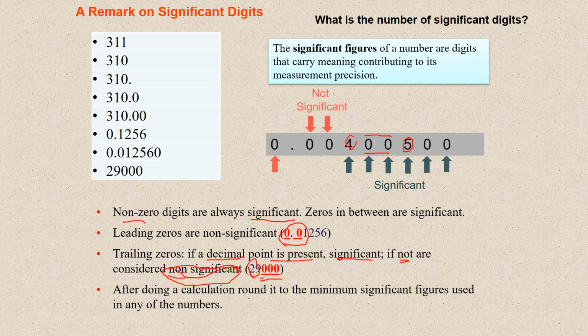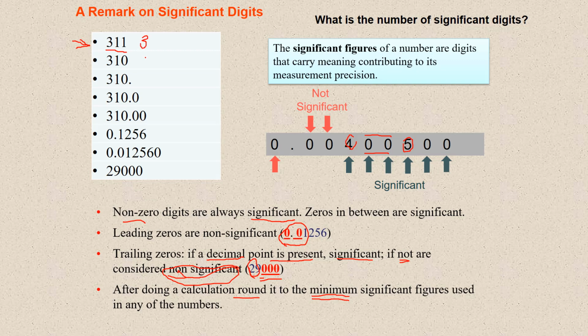After doing a calculation, we'll have to round the answer to the minimum significant figures used in any of the numbers. So let's try to see these examples that you see on this slide. How many significant digits are there? Consider the number 311. Of course, they are all non-zero digits, so it's going to be 3 significant digits.